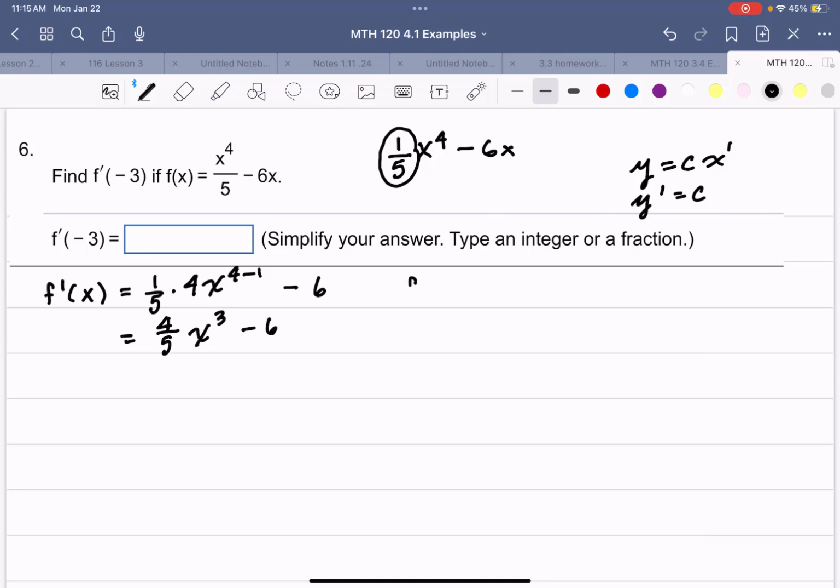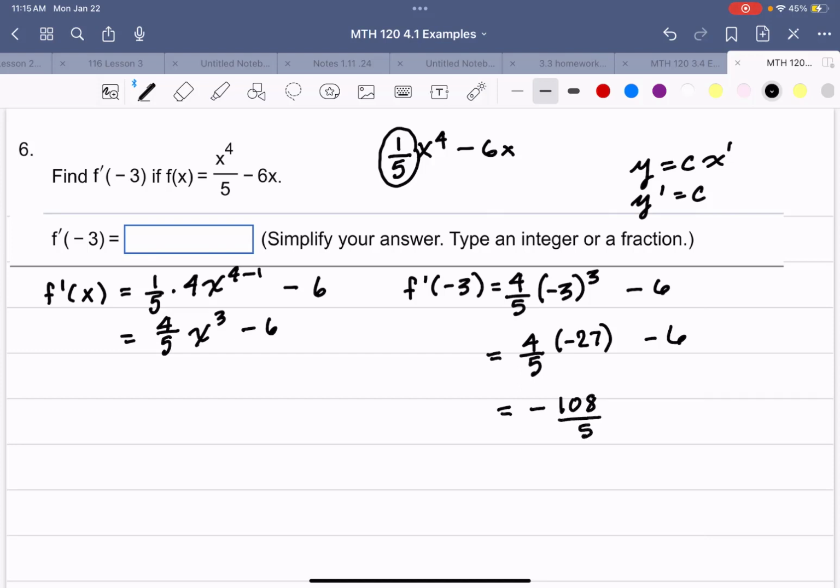Now we're supposed to evaluate that at negative 3. So that's 4/5 negative 3 to the 3rd, subtract 6, is 4/5 times negative 27 minus 6. So that's negative 108 over 5 minus 6.